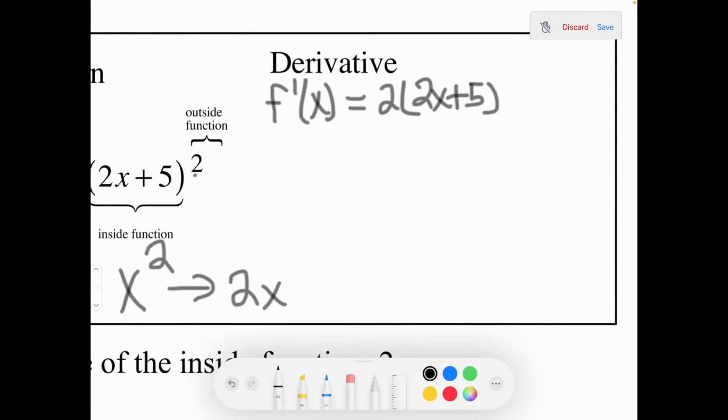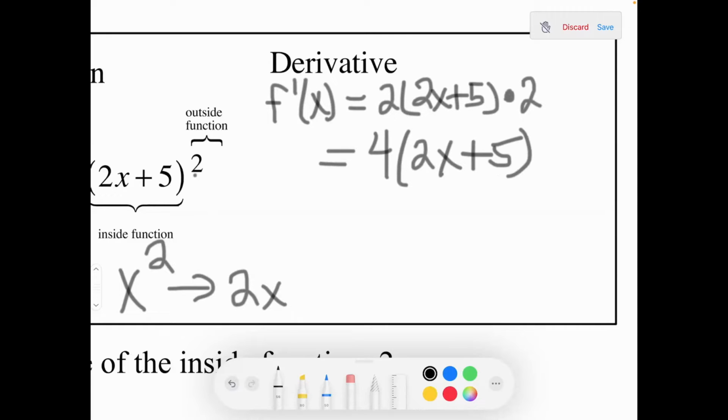But then, because there is something inside the parentheses instead of just x, we have to multiply that by the derivative of the 2x plus 5, which would be 2. And then we can multiply this together to make it look a little bit nicer. 2 times 2 is 4, times 2x plus 5. And we can distribute the 4 if we want and get 8x plus 20.